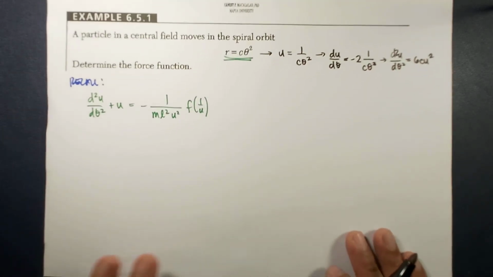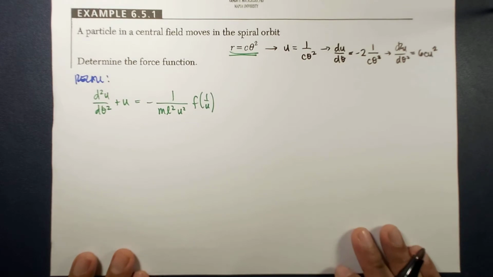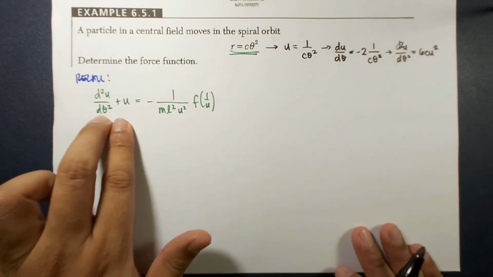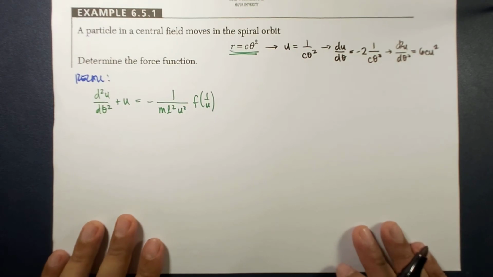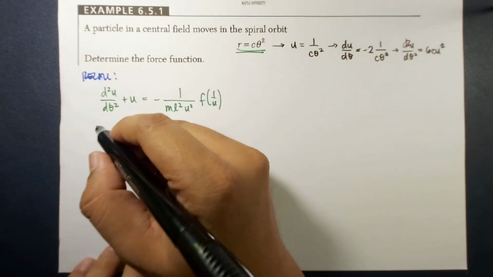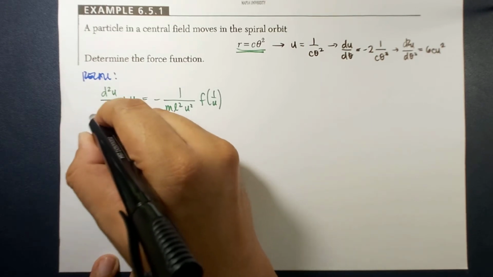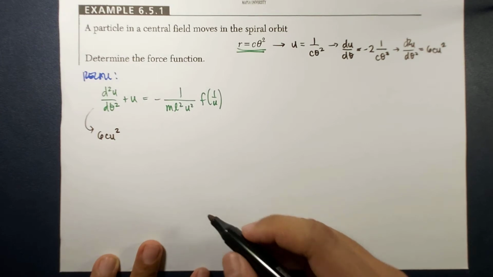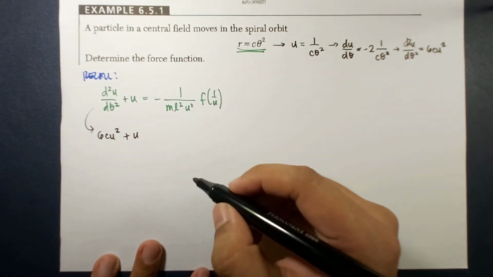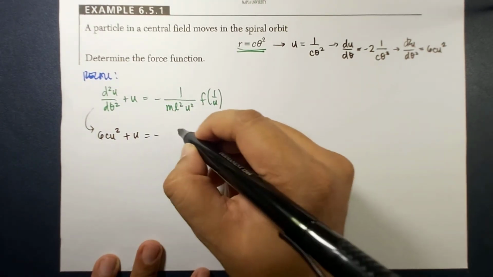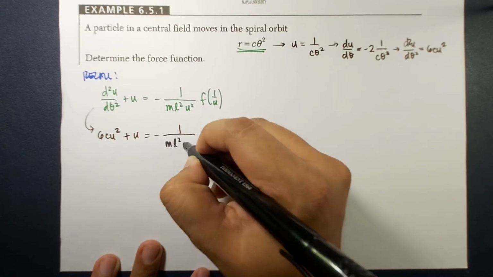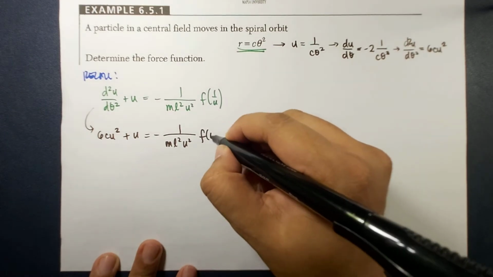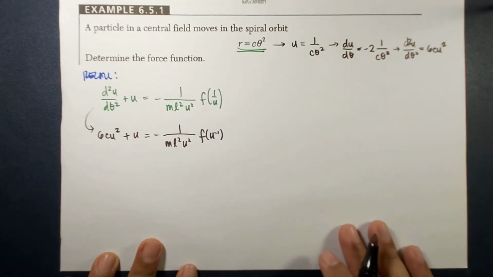Okay, so therefore we can now assemble our equation. From here we now have 6 c u squared plus u, and this is equal to negative 1 over m l squared u squared times your f. So remember that your f is a function of u.